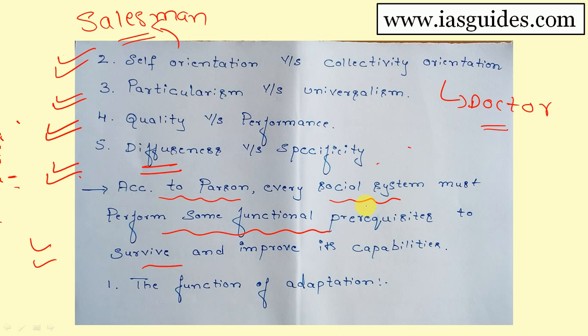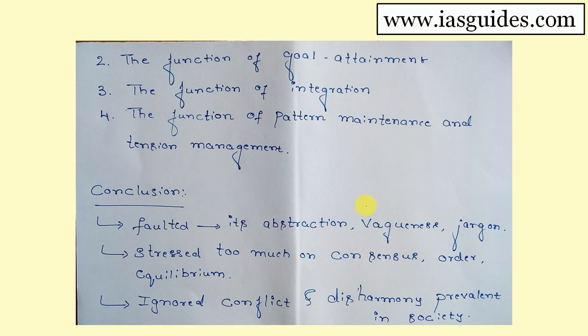Second prerequisite. The function of goal attainment is also a prerequisite for any social system, because a social system has to maximize the capacity of the society to attain its own goals. Society will have its own goals. For example, eradication of poverty is one goal of society. Giving education to everybody, universal education, is a goal of society.